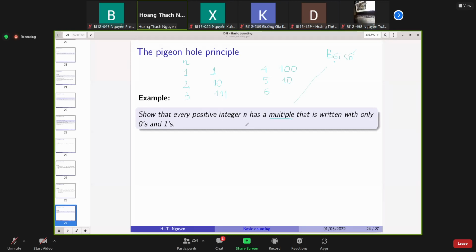So we need to create the pigeons and the holes ourselves. But normally, when we work with problems about divisibility, we usually choose the holes as the modulo classes.